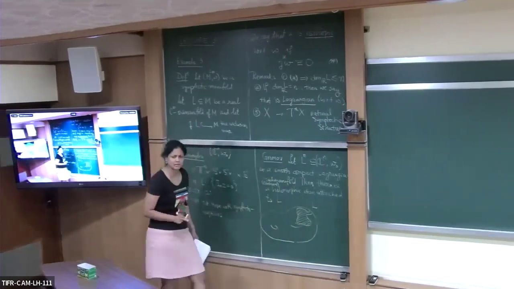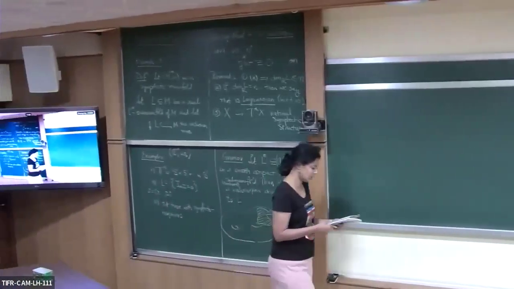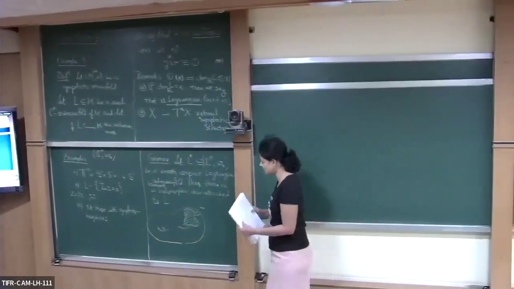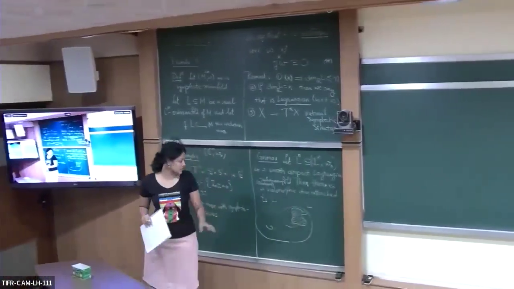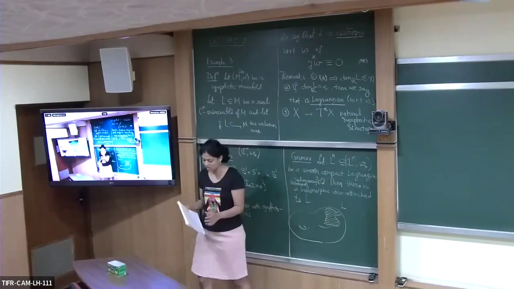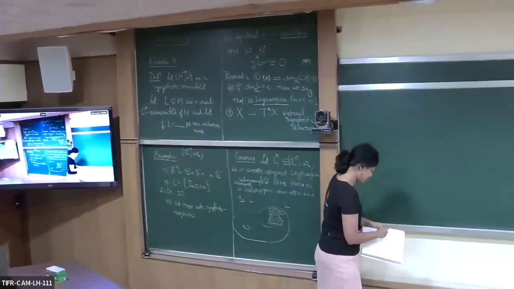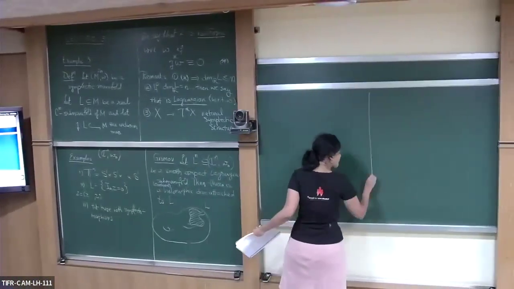It may not be an embedded disk. It may have self-intersections. It may look quite bad, but nevertheless, it is an analytic disk in the sense that we have been discussing, and it is continuous up to the boundary, and the boundary is on this Lagrangian submanifold. This has many consequences.